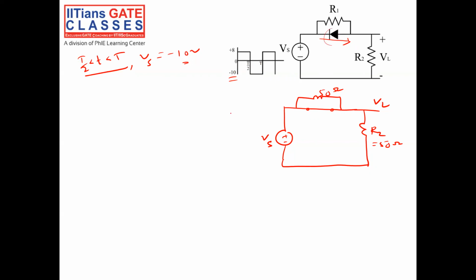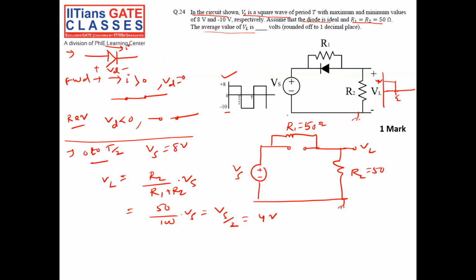So my output VL is equal to Vs, because it is short circuited, so Vs will directly go to VL. It will be equal to minus 10 volt. So from T by 2 to T, I will get minus 10 volt.